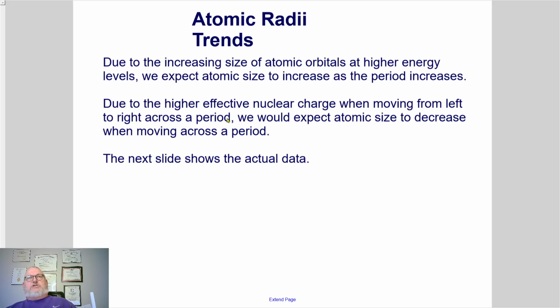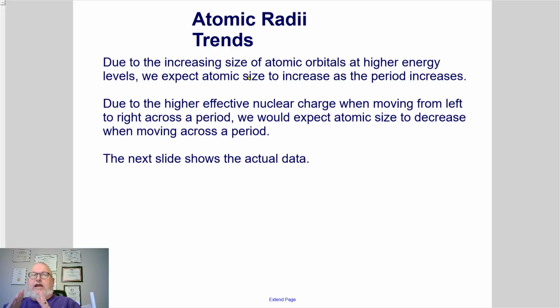So, let's look at these trends in atomic radius. As the orbitals increase to a higher energy level, it suggests that the atomic size would increase as the period increases, or as you go down.